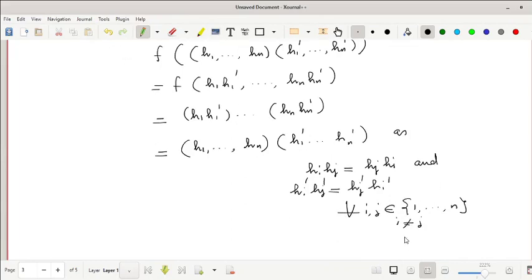Okay, right? Because this h1 prime will commute, the next one is h2, and this will also commute with that.